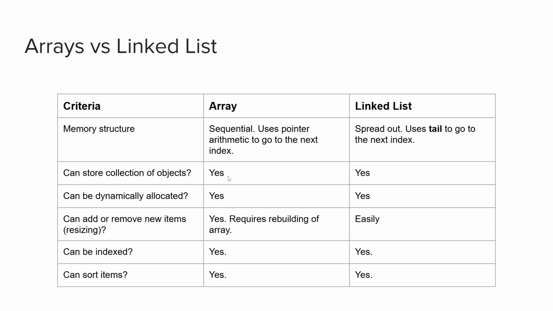So what's the difference when it comes to memory structure? The array is sequential. The addresses are, like you saw a while ago, sequential. They are already set by the program and they just go next to each other, like 500, 501, 502. However, in the linked list, it's all spread out. We create the memory through runtime.